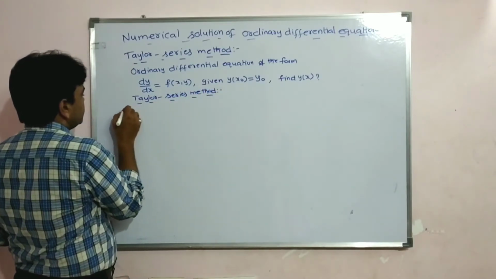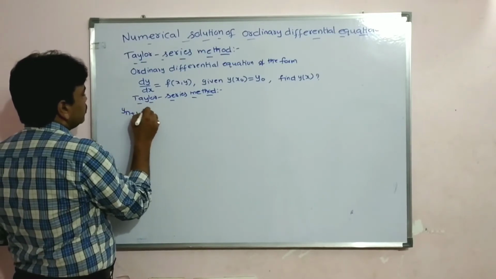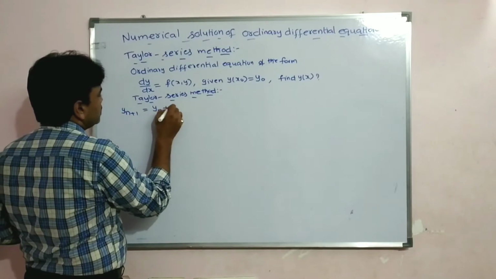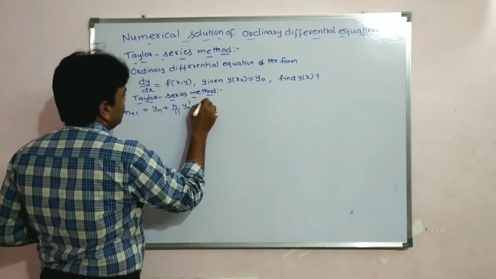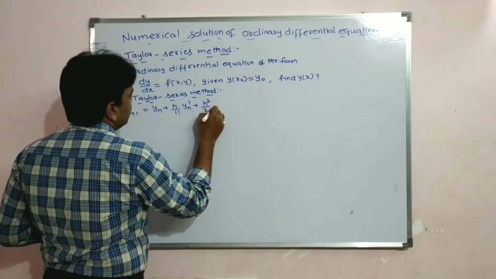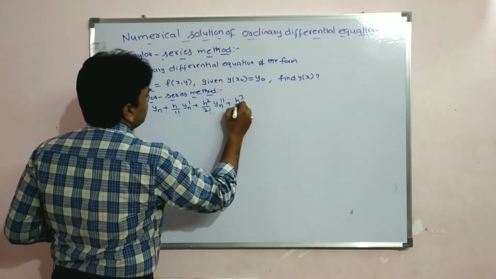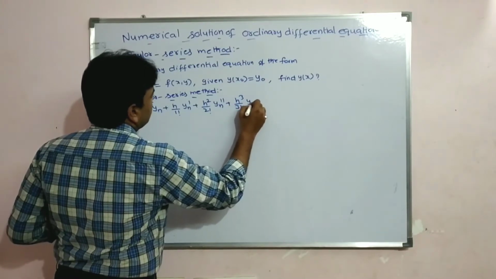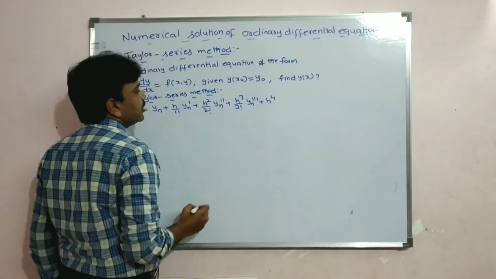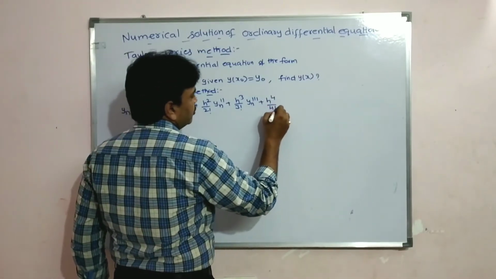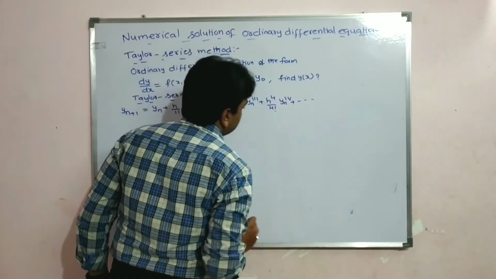The formula is here: y(n+1) is equal to yn plus h by 1 factorial into yn dash plus h square by 2 factorial into yn double dash plus h cube by 3 factorial into yn triple dash plus h power 4 by 4 factorial into yn power 4 plus and so on.